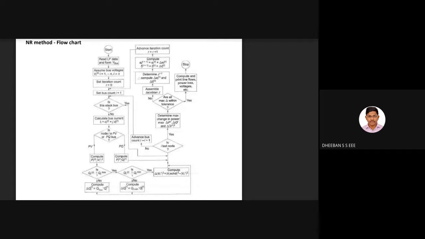So if the problem goes for 2 to 3 or 4 iterations, you must be very fast in processing with your calculator. You can just have the equation in your calculator, and by just changing the values you can arrive at the solution.